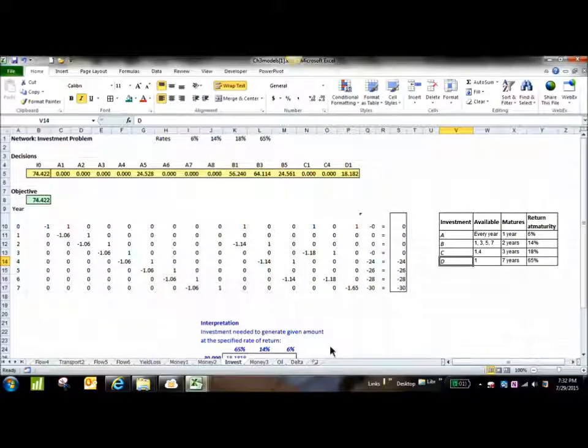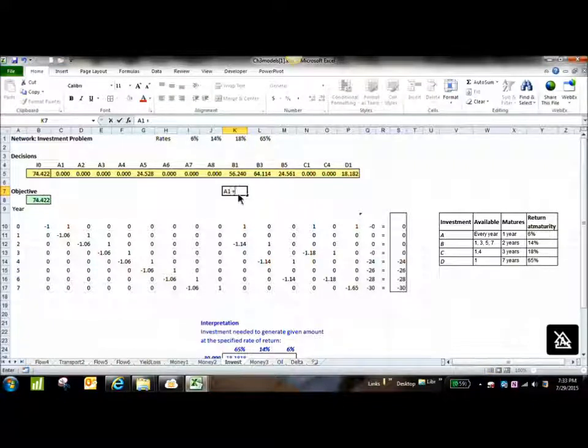Are you following me? Okay. Whatever we invest, this is how it's written. Whatever we invest in the initial investment has to equal, see this is a negative sign, and these are positive signs. The reason why? Because we're writing it this way. A1 plus B1 plus C1 plus D1 has to equal I0.